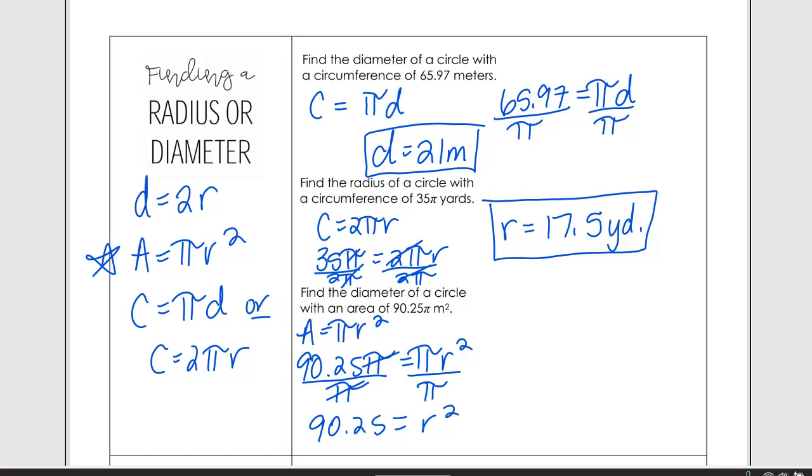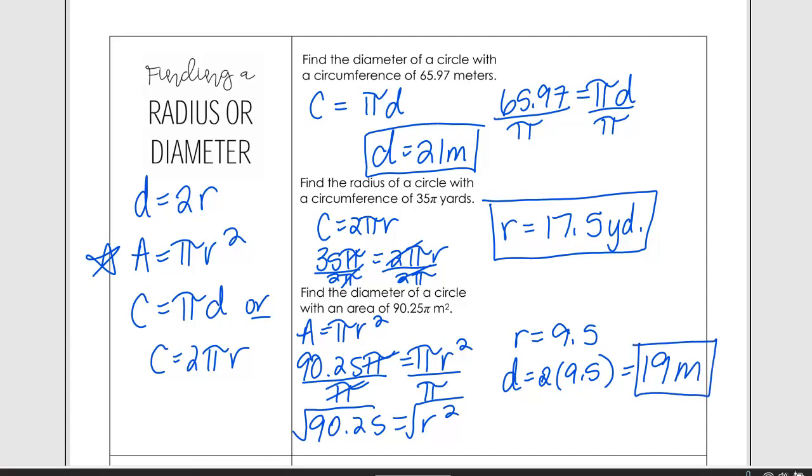To get r, we take the square root of both sides, and in our calculator we find that r equals 9.5. So the diameter is equal to 2 times the radius. We do 2 times 9.5, which gives us 19, and our unit of measurement is meters. So we get 19 meters.